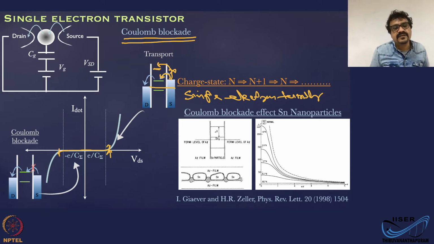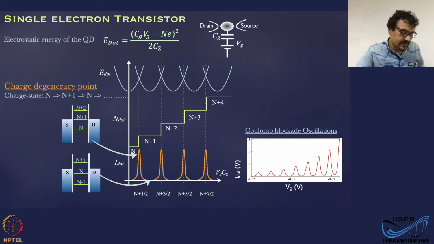Now, the single electron transistors, as we discussed, are three-terminal devices. So you have source, you have drain, and you have a gate.